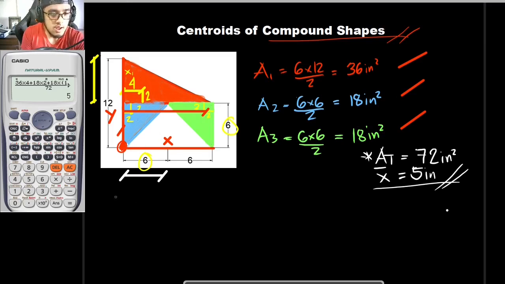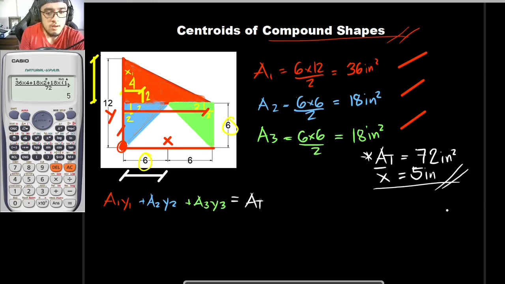So once again, that is to be a1y1 plus a2y2 plus a3y3. So this is equal to the total area times y bar.